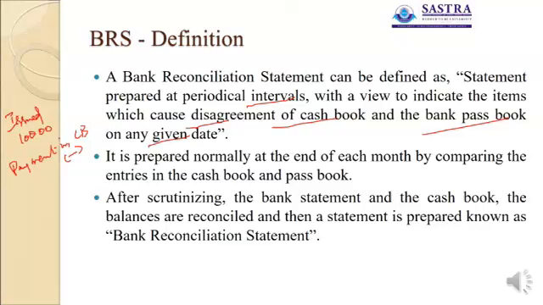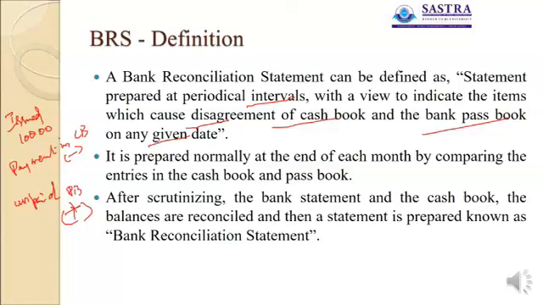That payment remains unpaid till date, so it keeps your passbook balance plus. So the difference is that here it is minus, here it is plus. Why such a difference? Here it is paid and recorded as a payment in the book, but the same has not yet been presented for payment and remains unpaid till the date on which we prepare or find out the reasons for the balances and their differences.